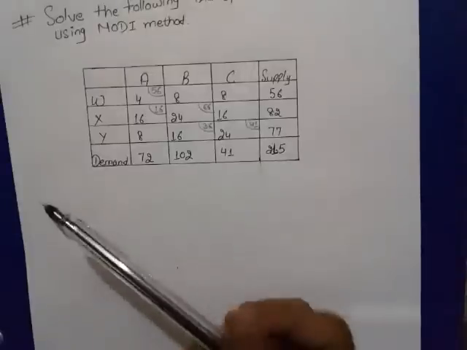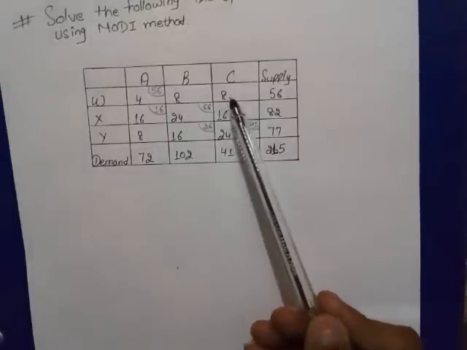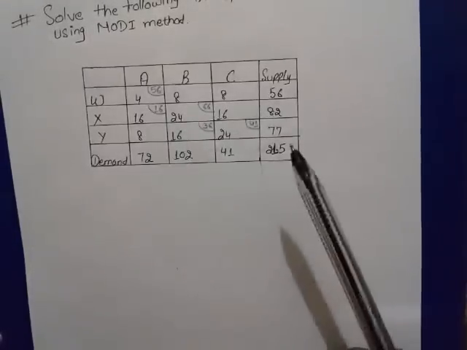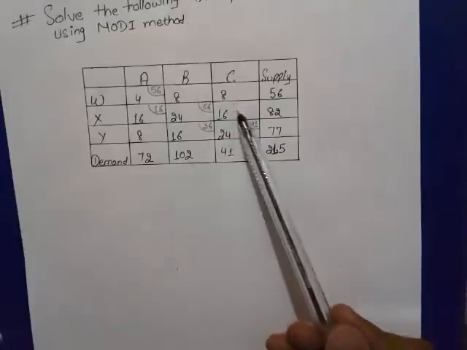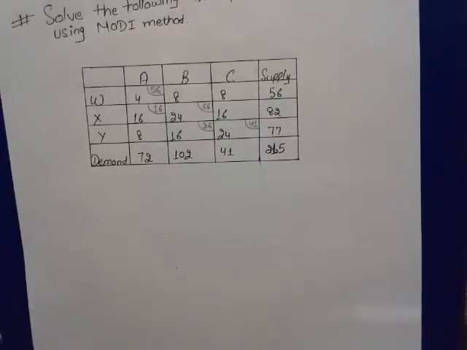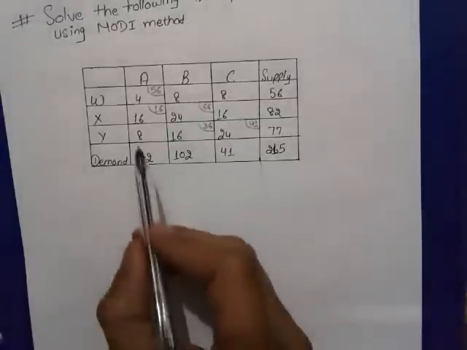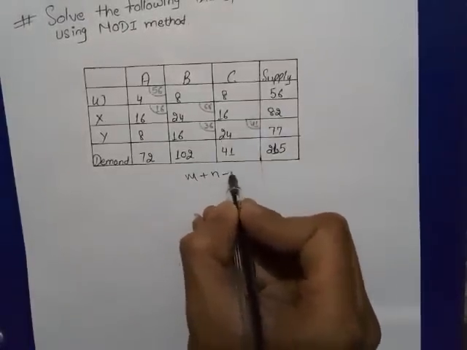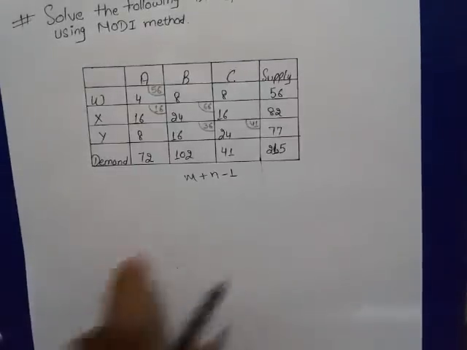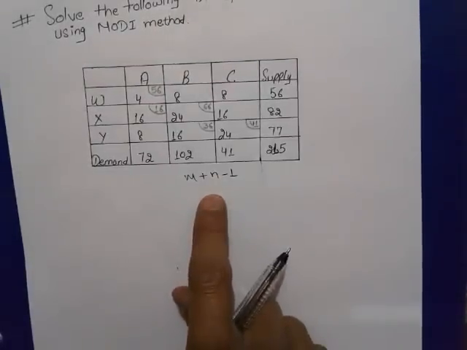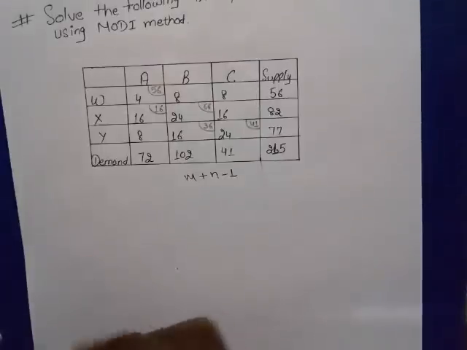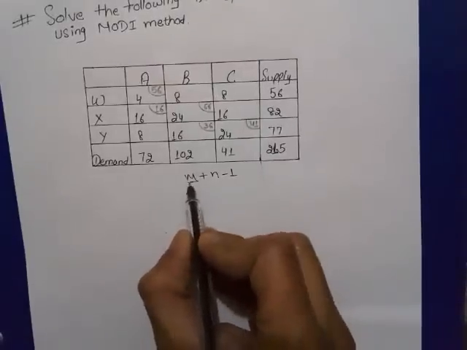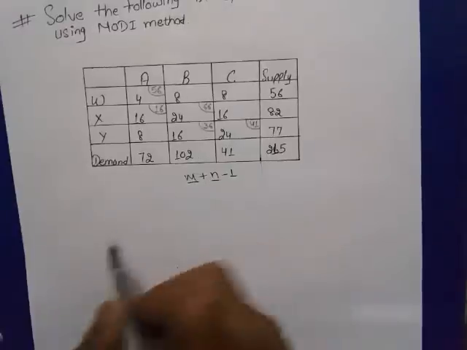So here are 1, 2, 3, 4, total 4 cells which are unoccupied. First of all, we have to check whether the condition of m plus n minus 1 is satisfied. If it is satisfied, then there is no need to add degeneracy. M means number of rows and n means number of columns.